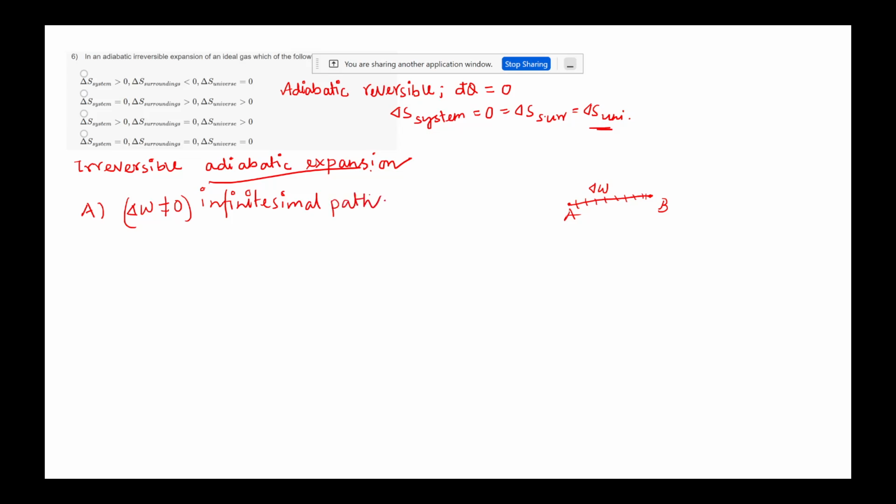Now we know from experience that this work would be different if the work coordinate were changing at a different rate.